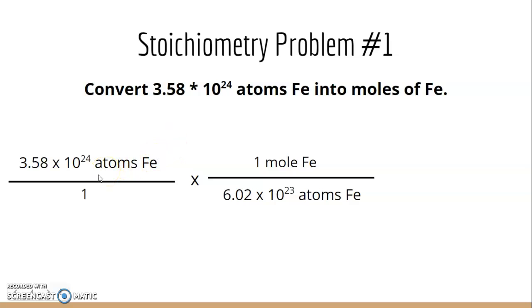So here, the atoms of Fe will cancel out with this atoms of Fe. So we know that we are doing this problem correctly. And if we solve this problem and multiply out, we get a value of 5.95 moles of Fe.